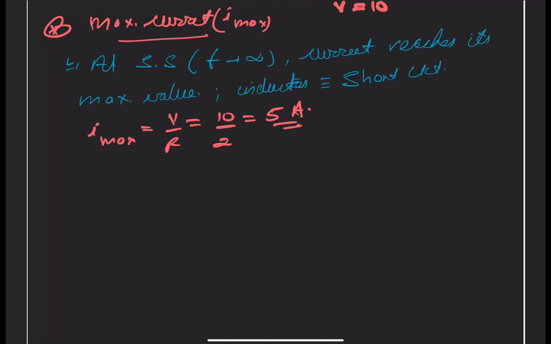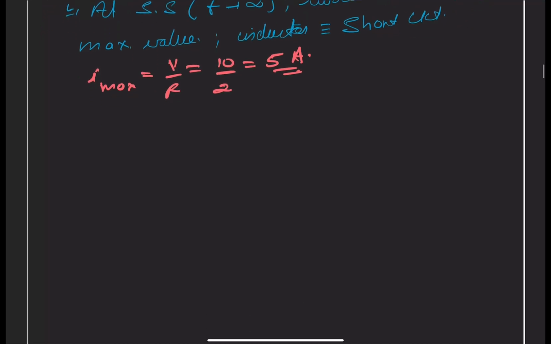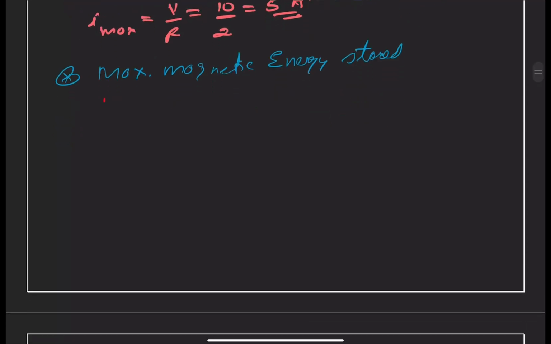Therefore, the maximum magnetic energy stored in the inductor, Umax, will be equal to half Li square at its maximum value.